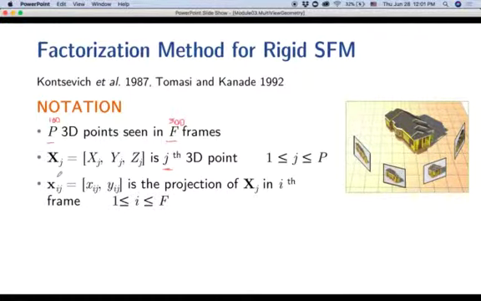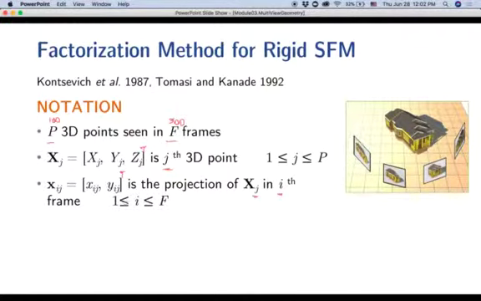I'm calling that x_ij, which is the vector (x_ij, y_ij). I should really put a transpose here to be consistent with our previous notation. This is the projection of the world point X_j in the ith frame. So the frame index is i and the point index is j. How many points will I see in total? I will see 100 times 300 points, right?